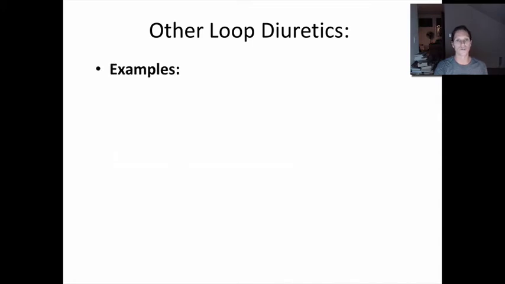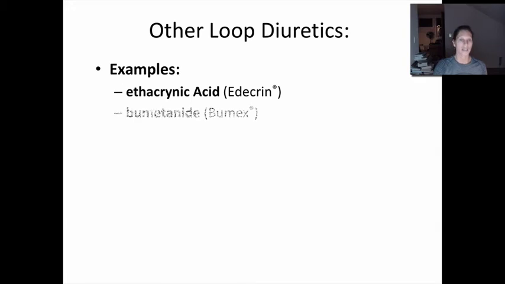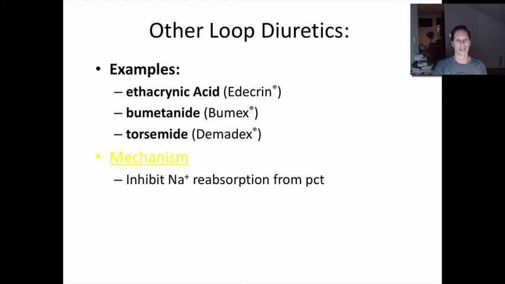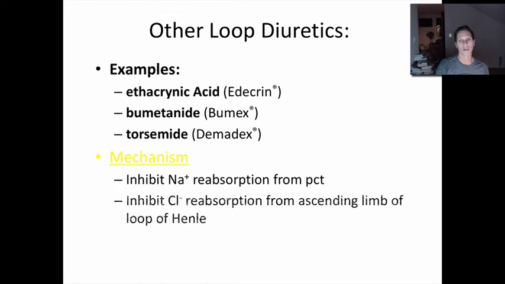All right, so the other loop drugs are called ethacrynic acid or Edecrin, bumetanide or Bumex, torsemide. These are loop drugs. They are just like furosemide, but they do not have the vasomotor effect. So they act the same way. They're going to inhibit a little bit of sodium ion reabsorption from the proximal tubule, but that's not very important.